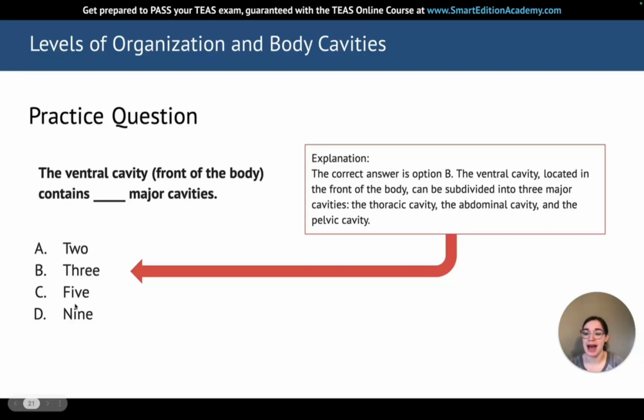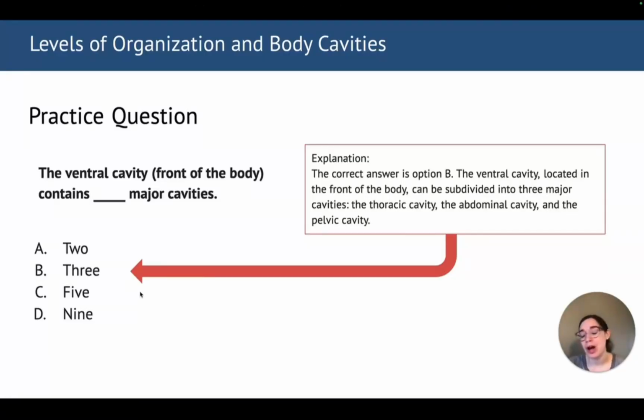We can eliminate that. And again, option C and option A are referring to different divisions of the cavities than what we're being asked about in this question here. Here we're being asked only about the ventral cavity. And as we've seen, the correct answer is 3, option B.